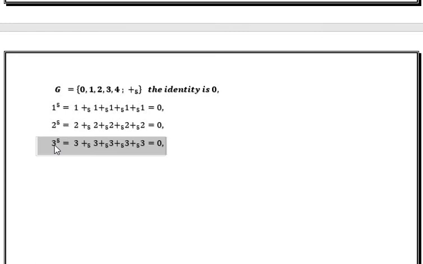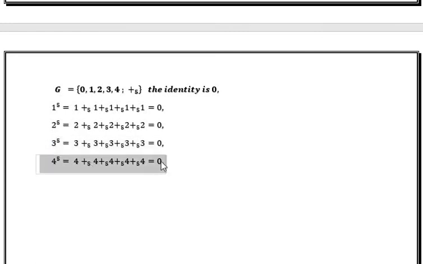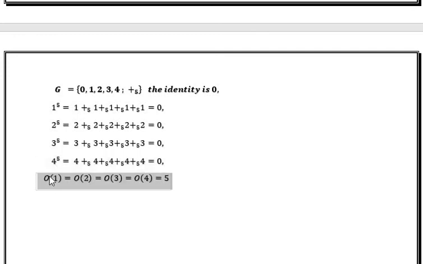Hence the order of 3 is also equal to 5. 4. 4 when you add 5 times it is 20. 20 is the multiple of 5. So the remainder is 0, or the order of 4 is equal to 5. Therefore order of 1 is equal to order of 2 is equal to order of 3 is equal to order of 4, that is 5.